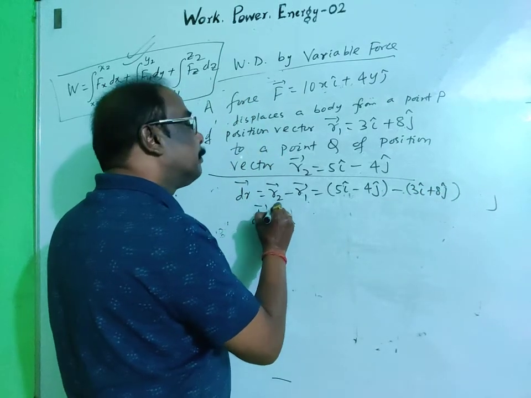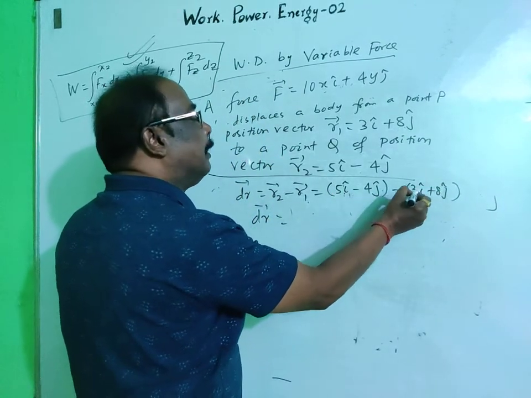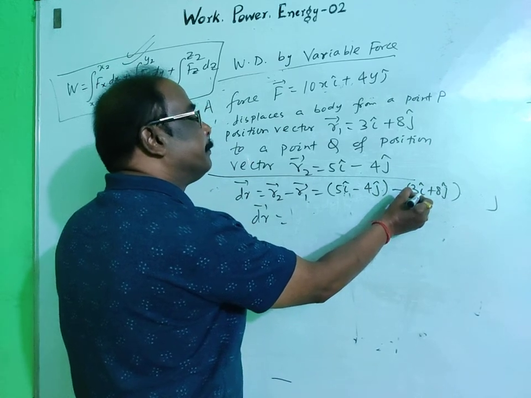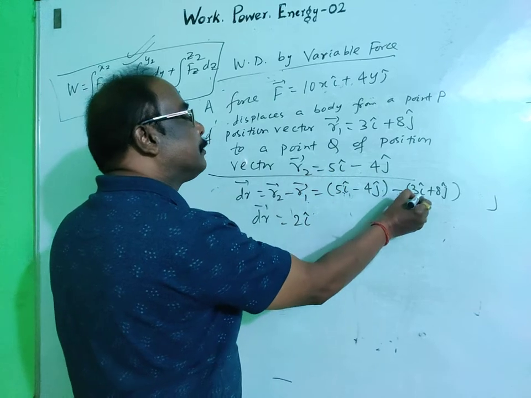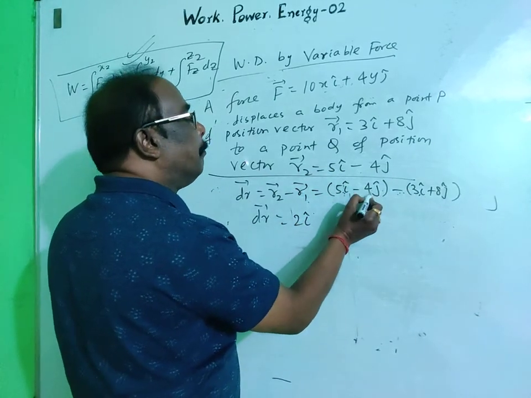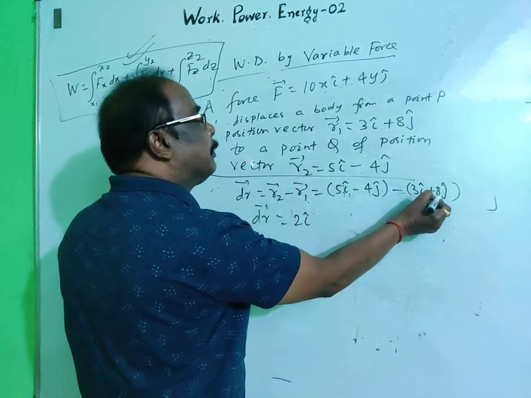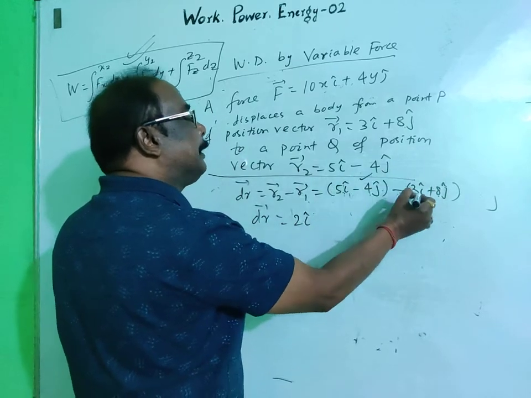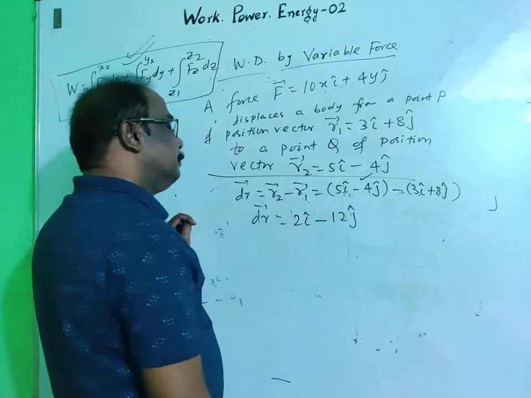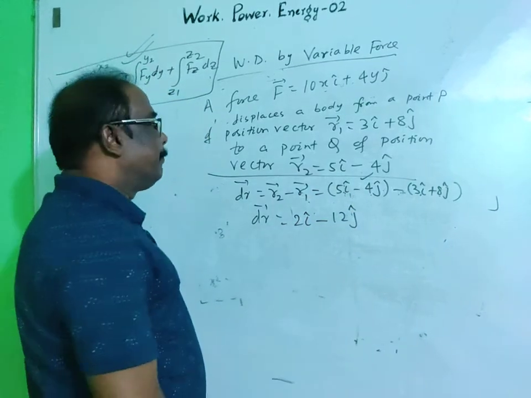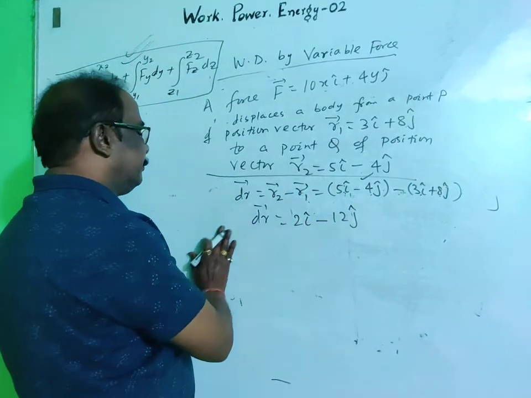Then dr is 5i cap minus 3i cap, which is 2i cap, and minus 4j cap minus 8j cap means minus 12j cap. This is dr. Then we have to calculate work.